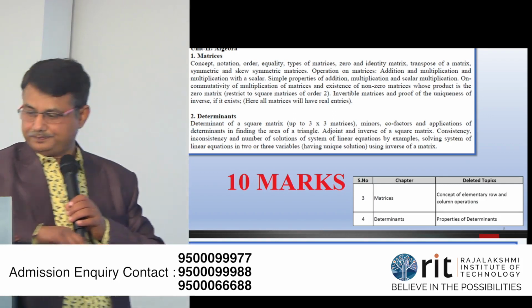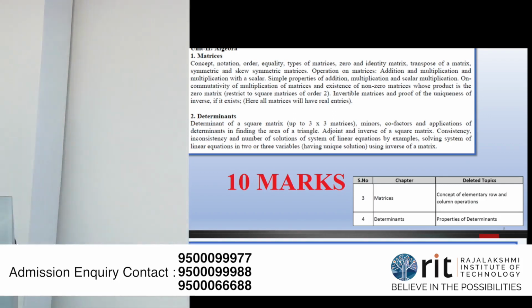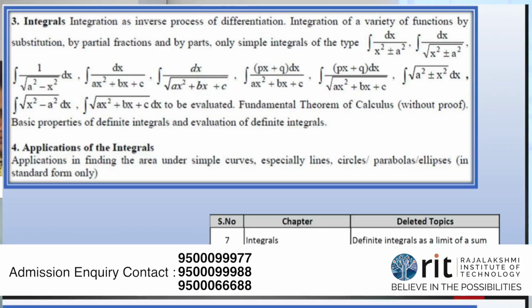Chapter number 5 and 6 is over. Now moving to integration, chapter number 7. Definite integration as a limit of sum was not in the syllabus last year, and this year also. So from 7.1, 2, 3, 4, 5, 6 you can read.